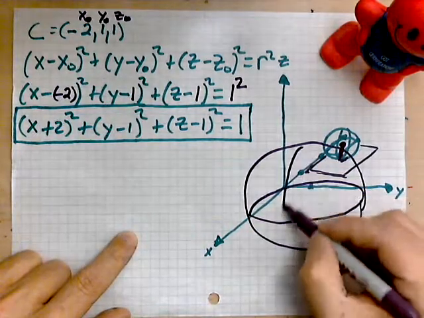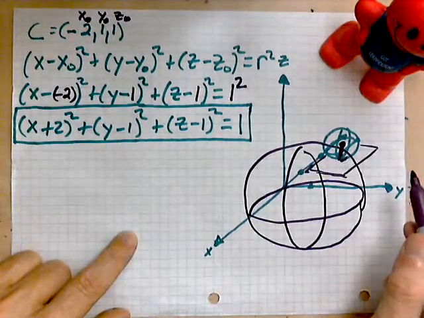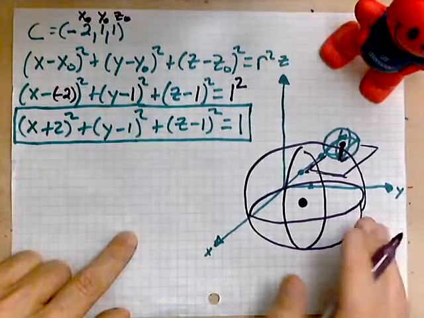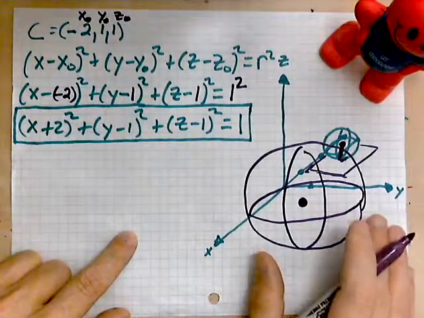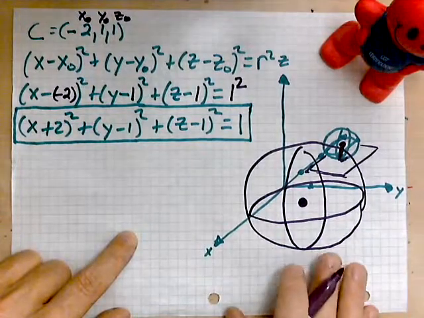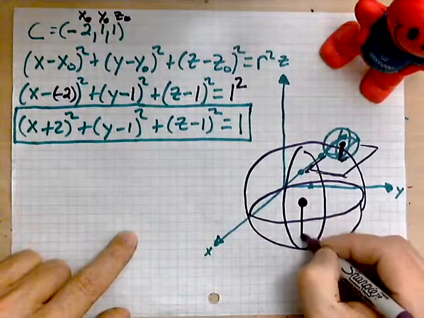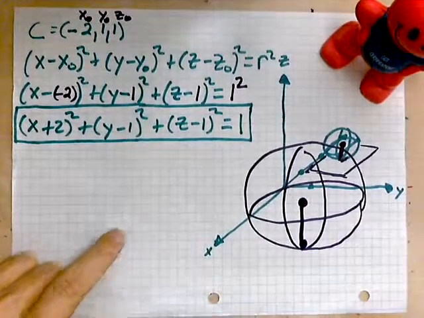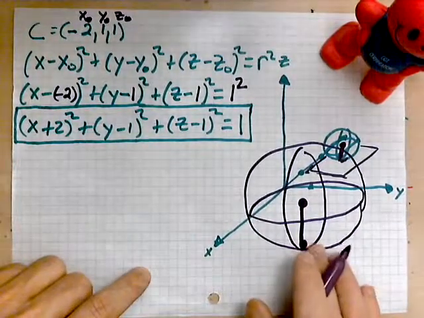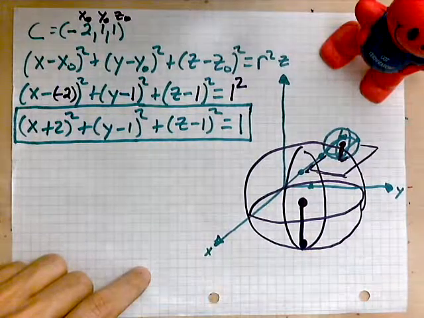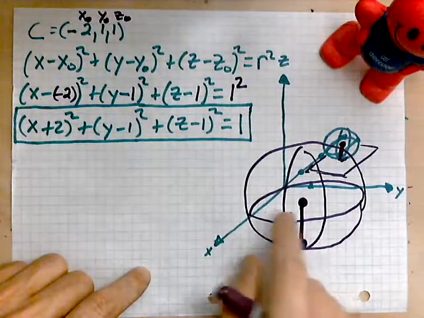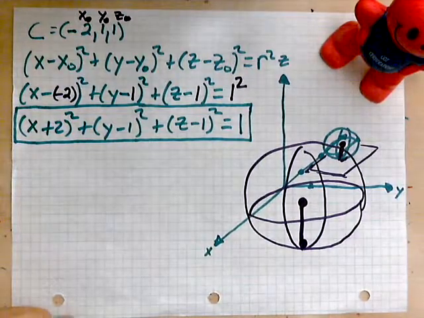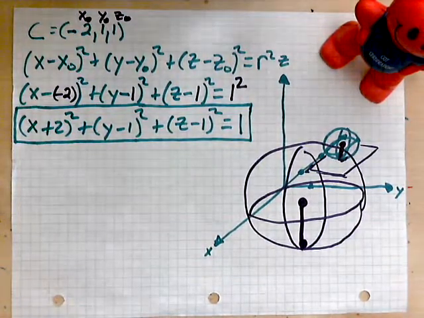So here's our sphere, and this is the center point. If we are told that this sphere is tangent to the xy coordinate plane down below, then the radius of the sphere, that segment, is the z coordinate of the center of the sphere. That's how you reason through this kind of exercise.